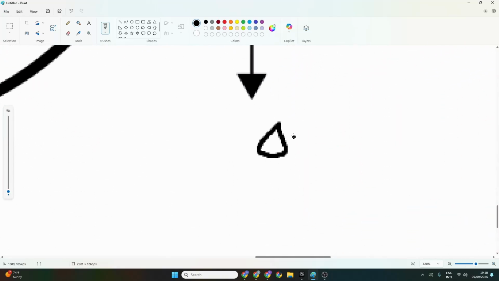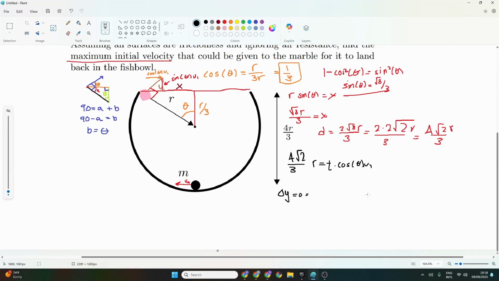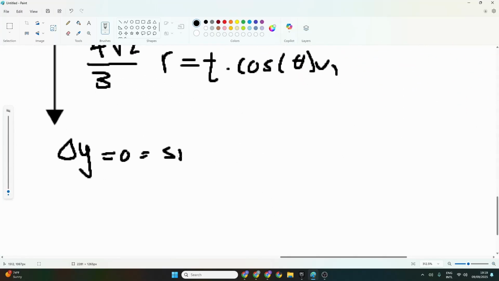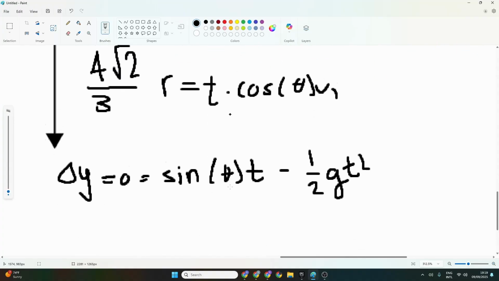So delta y, which is equal to 0, is equal to the initial velocity, which is going to be sine theta, times t, or the initial velocity times time, minus 1/2 gt squared. And we can use that.